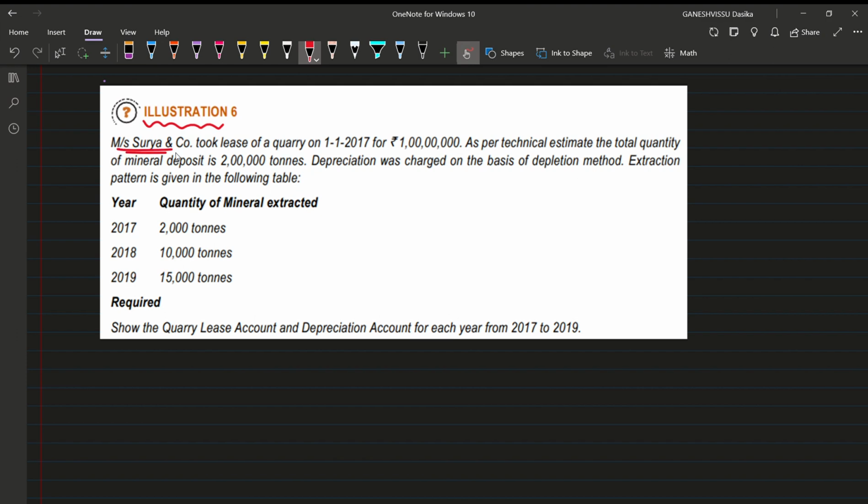Mrs. Surya and company took a lease of a quarry on 1st January 2017 for 1 crore rupees. As per technical estimate, the total quantity of mineral deposit is 2 lakh tons. Depreciation was charged on the basis of the depletion method. The extraction pattern is given below.